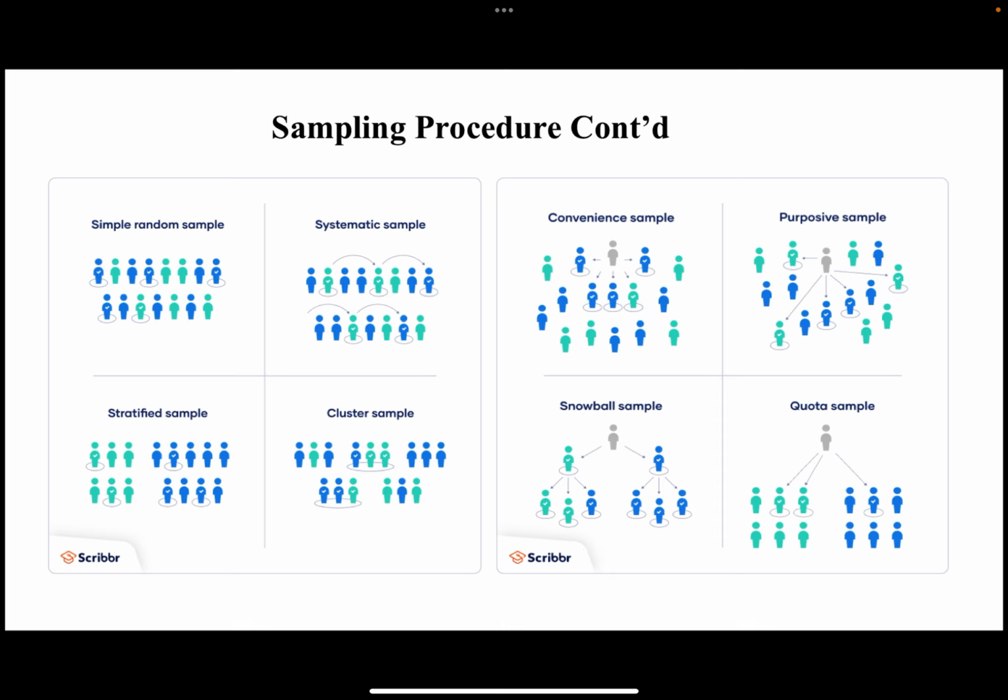Now, mostly in quantitative study, it's very advisable that you use probability sampling. Okay. Now, in exploratory or qualitative study, you can use the purposive sampling or the convenient sampling approach.